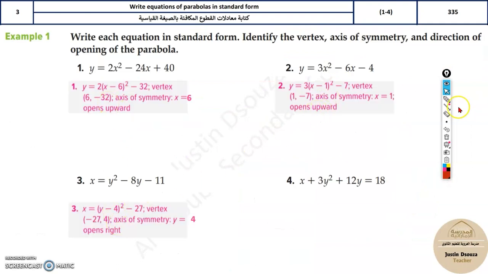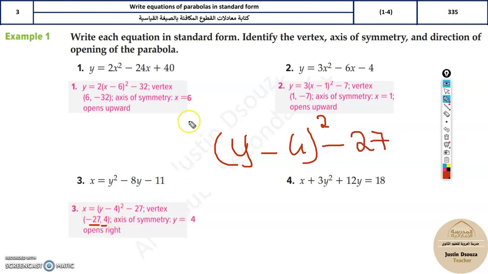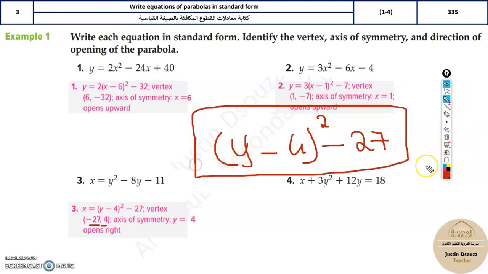So it's not the same thing we did over here. See, over here, this is h, k. The k value is minus 4, then that will be whole squared, plus the h value, but it's minus, so I'll write minus 27. And over here, the a value is 1, so we don't write it. So this is the standard form. So this is how we can easily solve it.